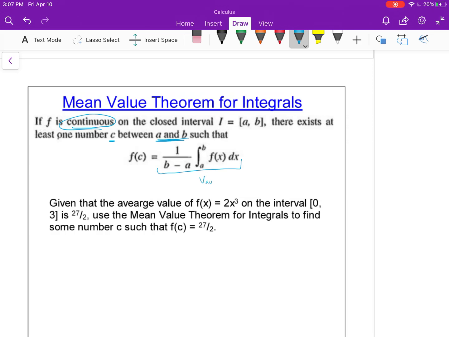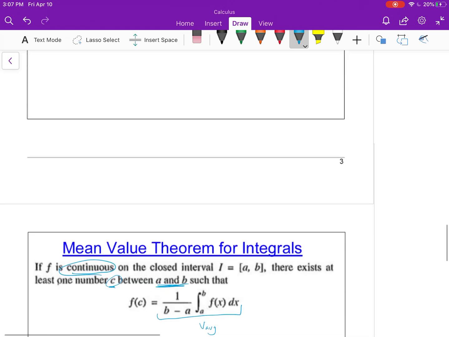This is the average value. Okay, so that's the mean value theorem. F has to be continuous on the interval. There has to be one value c within that interval. So if you plug c into that function, it will give you the average.